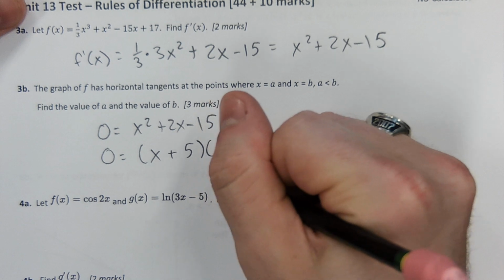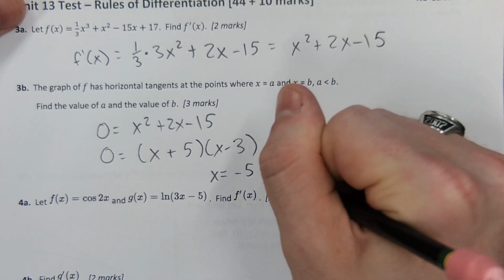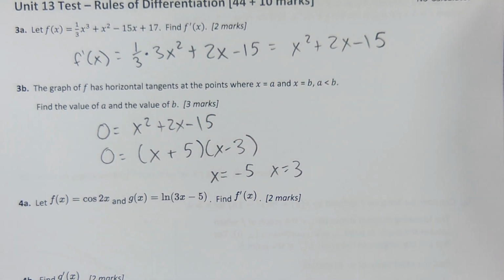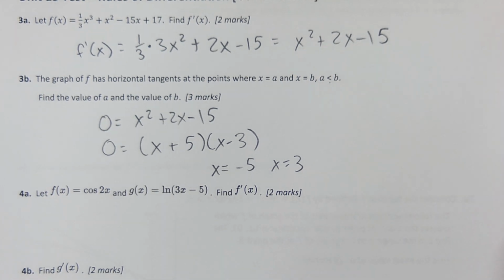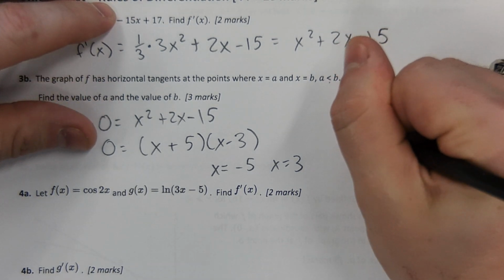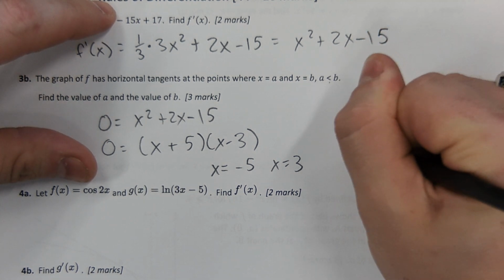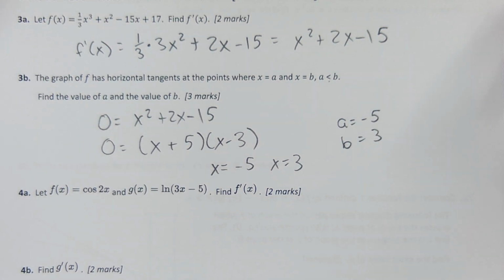That means x is negative 5 and x is 3. But if you paid close attention to the directions, it says find the values of a and b specifically with a less than b. So you had to say a equals negative 5, b equals 3 to get full credit. Ta-da!